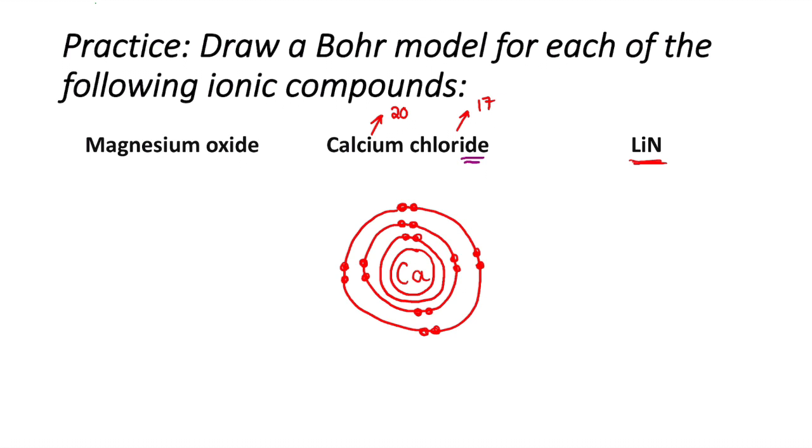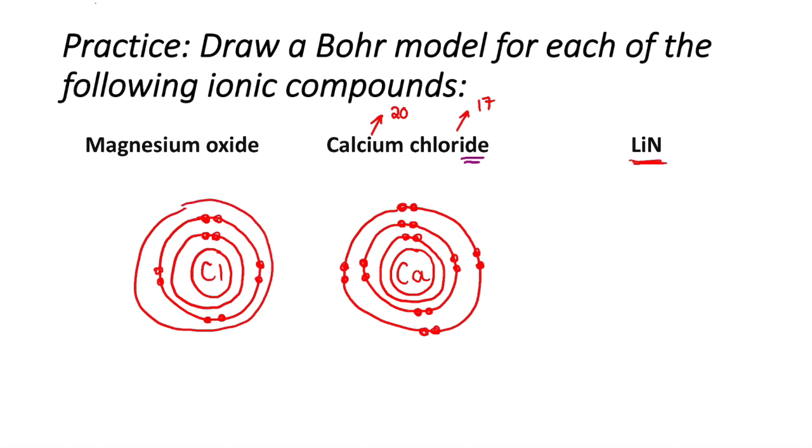So for our chloride ion then, before we do anything, it is Cl. I've got first ring has 2, second ring holds 8, third ring, so we're at 10 again, 1, 2, 3, 4, 5, 6, 7.